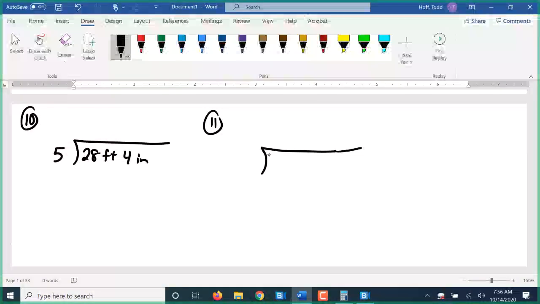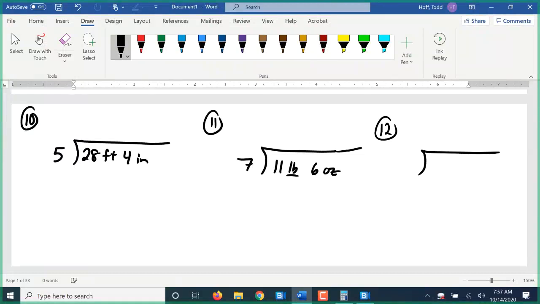We might have 11 pounds, 6 ounces divided by 7. Okay, we'll give you a minute to work on those, and then we'll go over them.